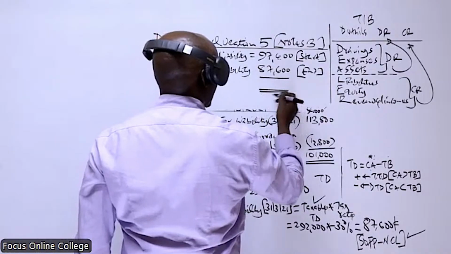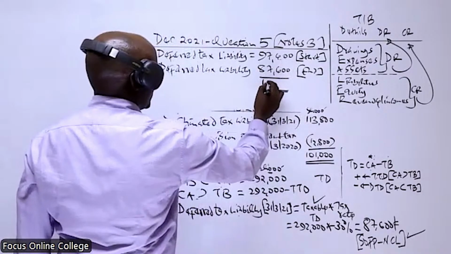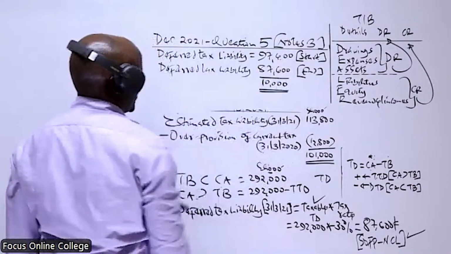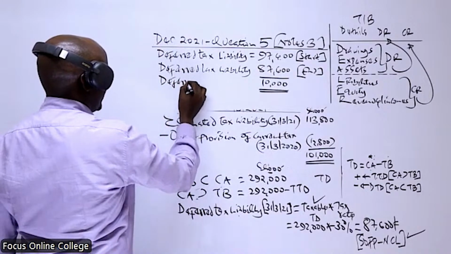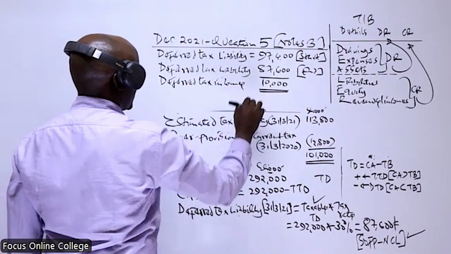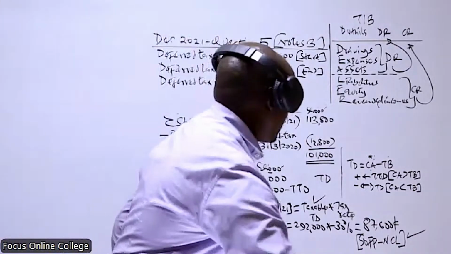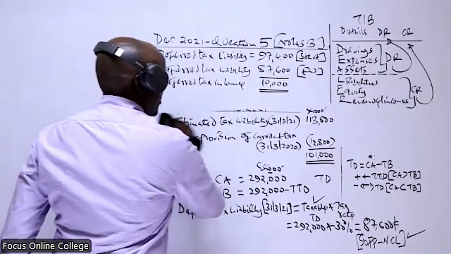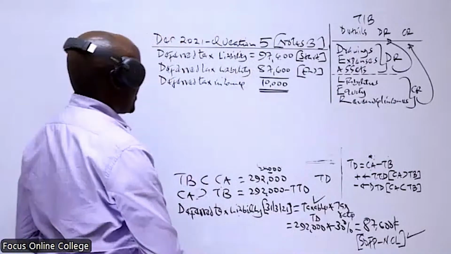You may have an increase or a decrease. In our case, we have a decrease of 10,000. A decrease in this case is known as a deferred tax income. This is very, very important. So this one is a deferred tax income.